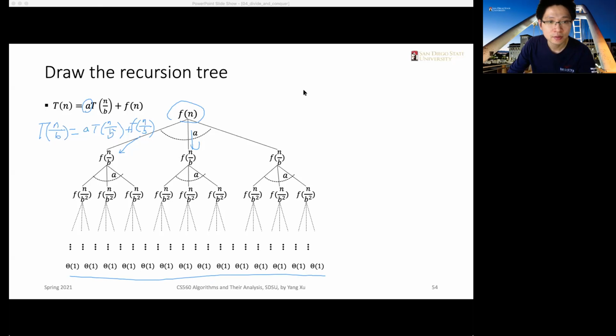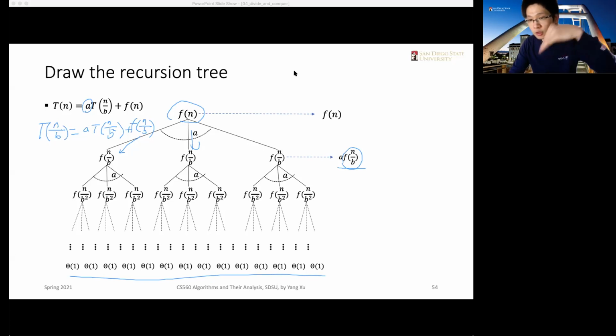The first level, level 0 or depth 0, is f of n apparently. For depth 1, or level 1, because it has a branches, and each branch has a node with the value f of n over b, we can use a times f of n over b as the summation for level 1.